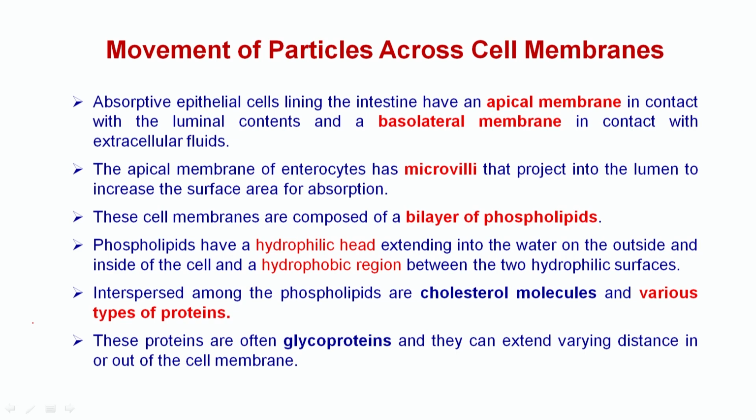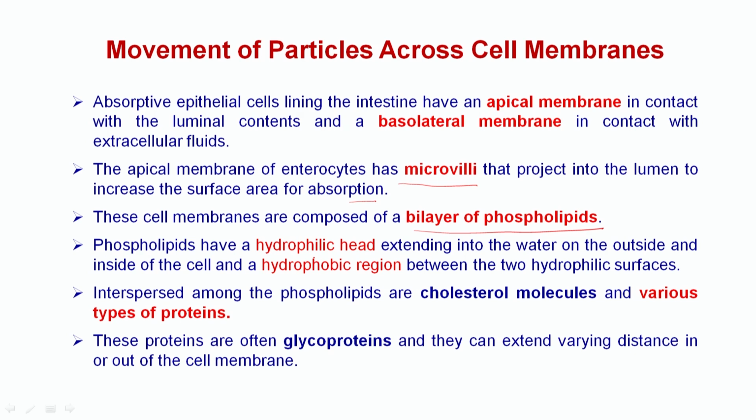So absorptive epithelial cells lining the intestine have an apical membrane in contact with the luminal content and the basolateral membrane in contact with the extracellular fluid. The apical membrane of the enterocytes has microvilli that project into the lumen to increase the surface area for the absorption. These cell membranes are composed of a bilayer of phospholipids.